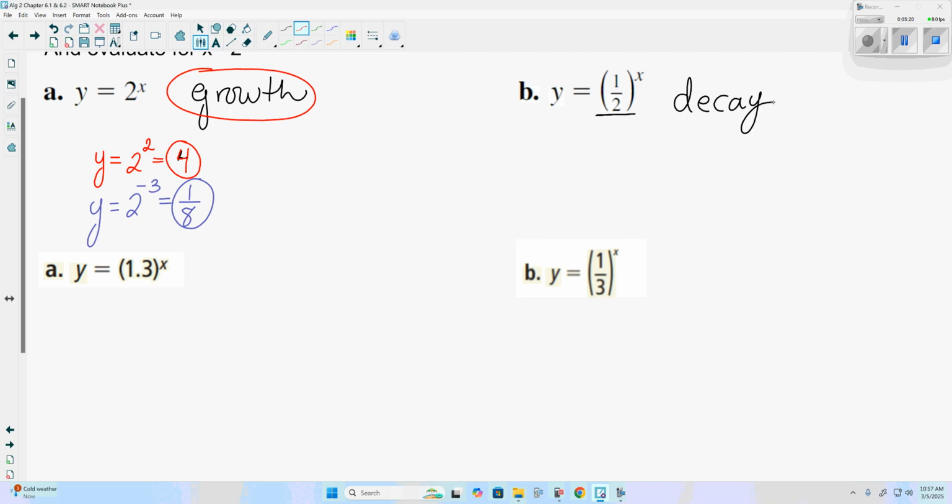When the base is between 0 and 1, it's decay. When the base is greater than 1, it's growth. Now the second part is to evaluate this when x is 2. So we're saying y is equal to 1/2 to the second power, and 1/2 squared is going to be 1/4.